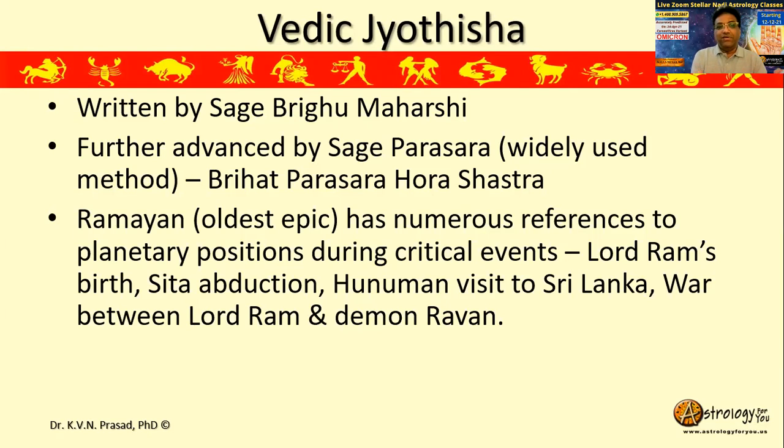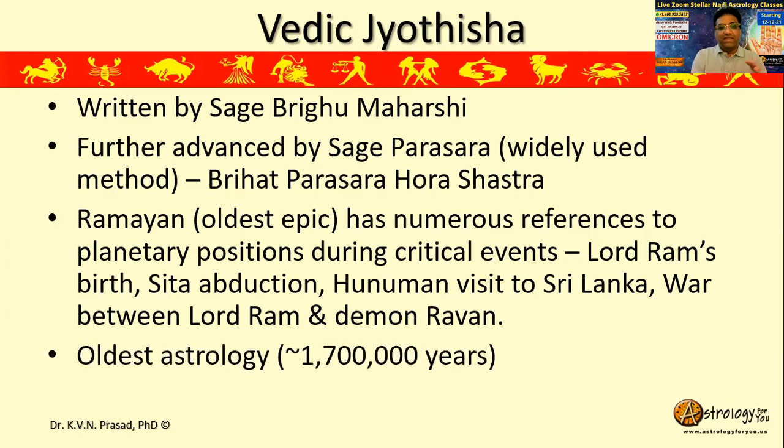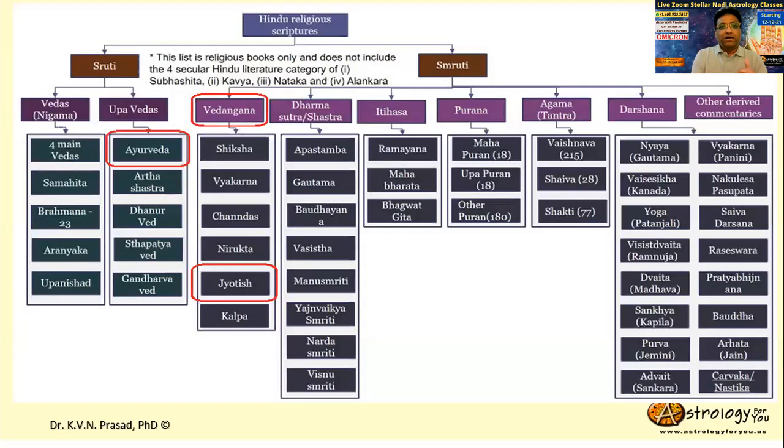All the important critical events, when Sita was abducted, when Hanuman visited Sri Lanka, when the war started between Rama and Ravana, all those dates and planetary positions are referenced in the Ramayana itself. Based on our Yuga calculations, we can easily say this astrology is a minimum of 1.7 million years old.